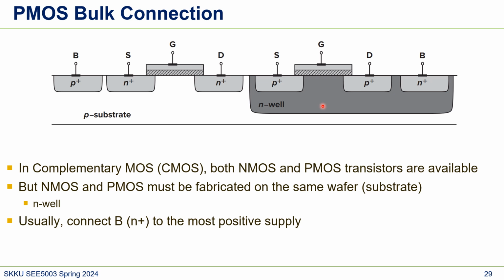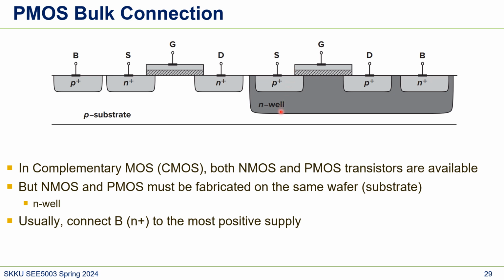So what people do is they put an N well here. It's kind of isolating its N substrate from the global P substrate. You can just think of it as a wall here. They dope this P substrate with the opposite type again.